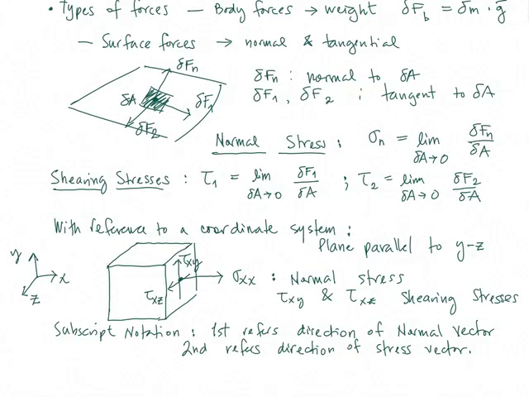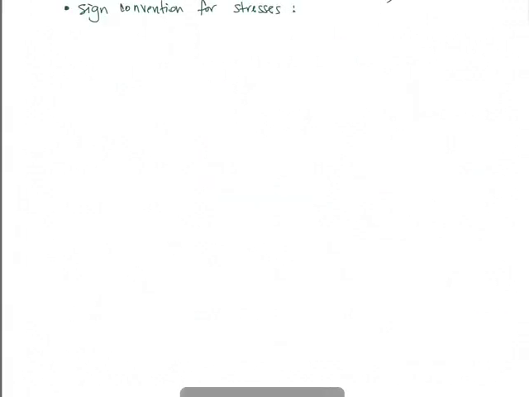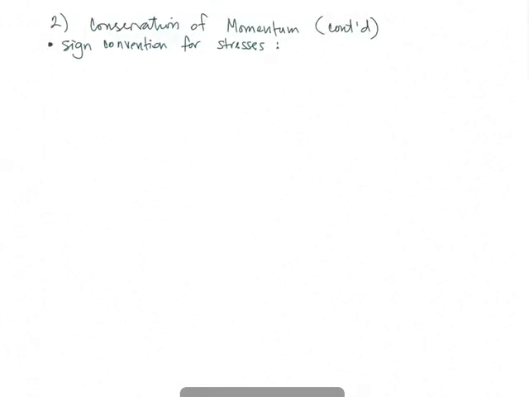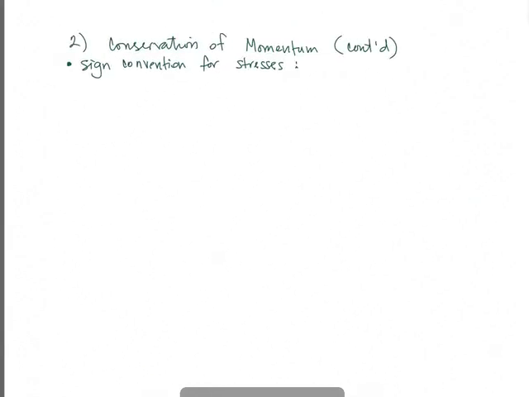So we continue, and we are looking at the sign convention for stresses. And we said we define the positive direction for the stress as the positive coordinate direction on the surface for which the outward normal is in the positive coordinate direction. So let's do a plot to understand this. Again, we have a coordinate direction x, y, z.